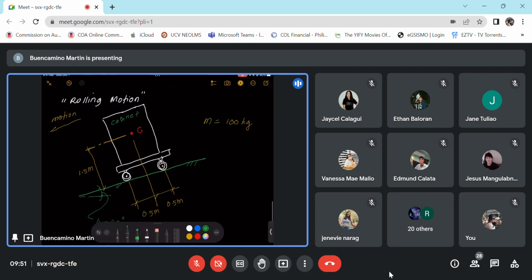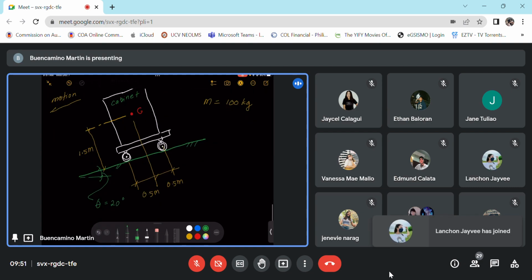Now of course we also assume this time that the wheels are frictionless and it is a rolling motion, frictionless wheel. Yung assumption natin.